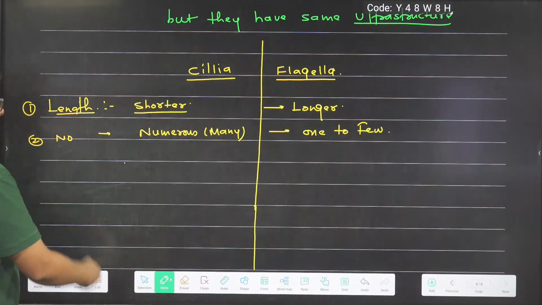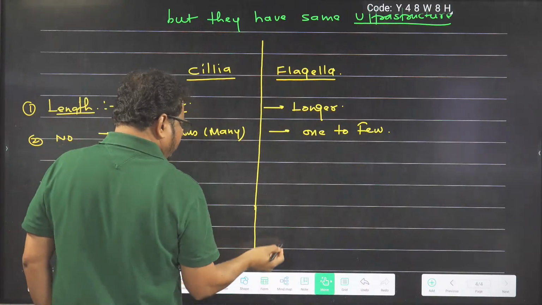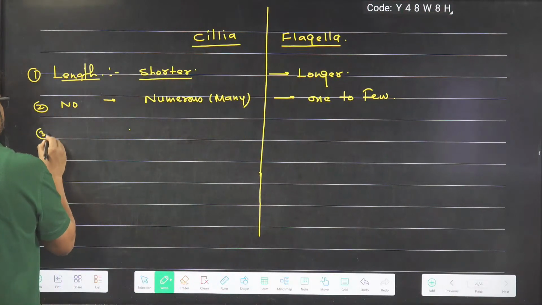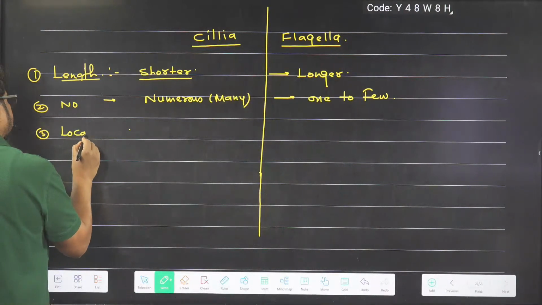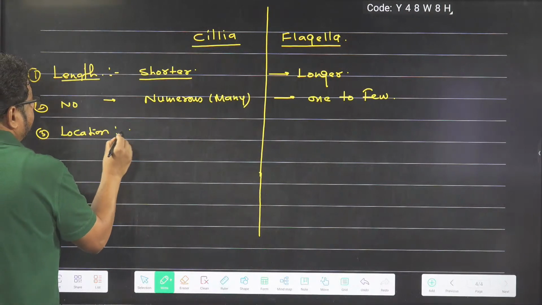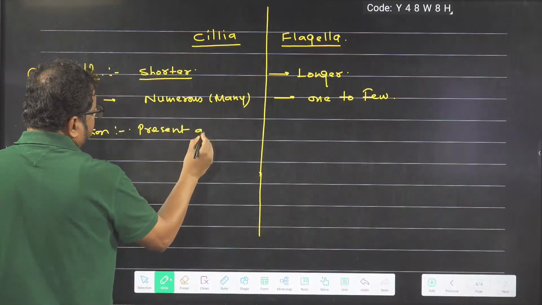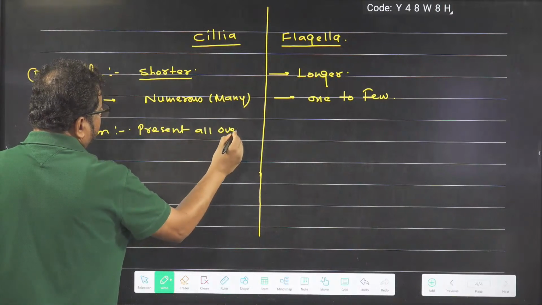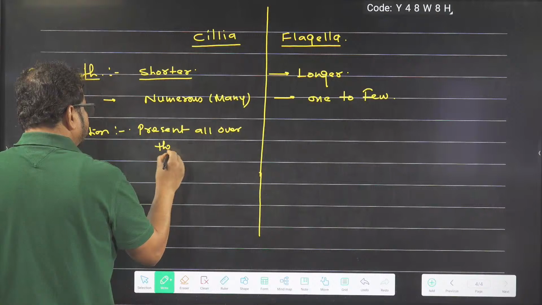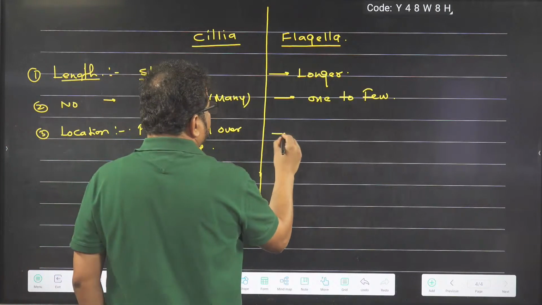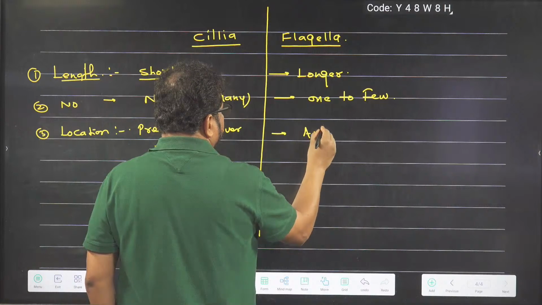Cilia are present in hundreds or thousands in number. Location: cilia are present all over the body. Usually the location of flagella is anterior.